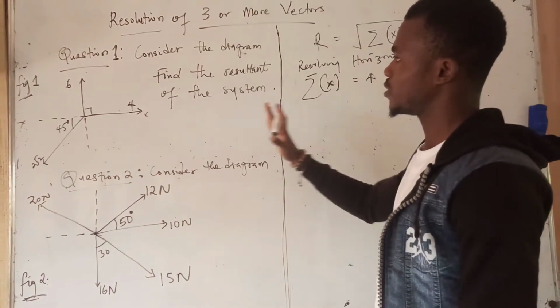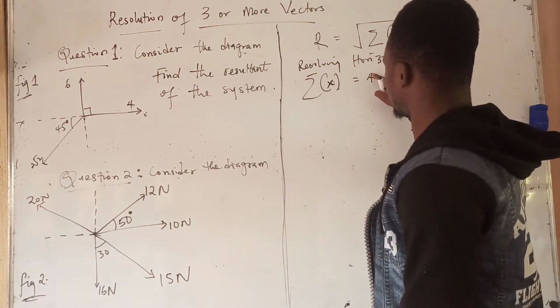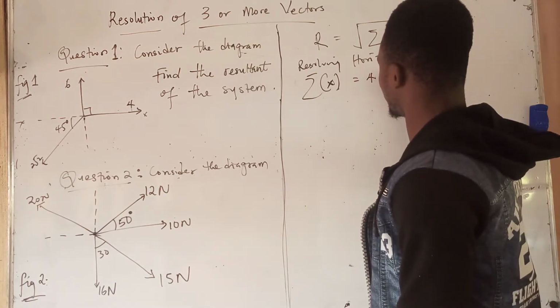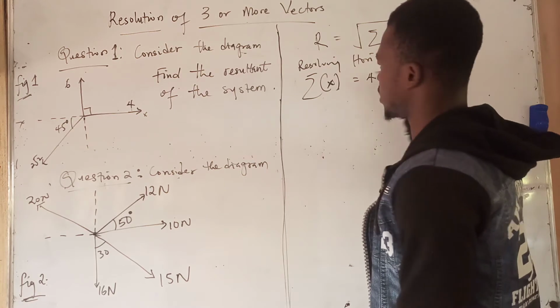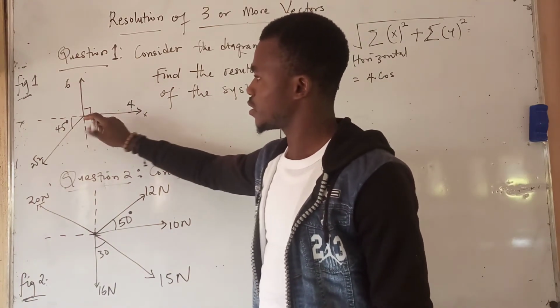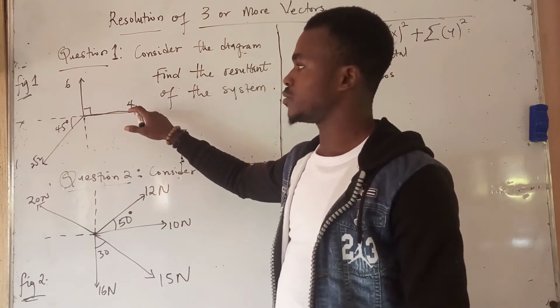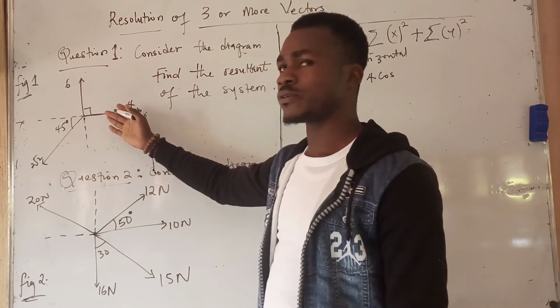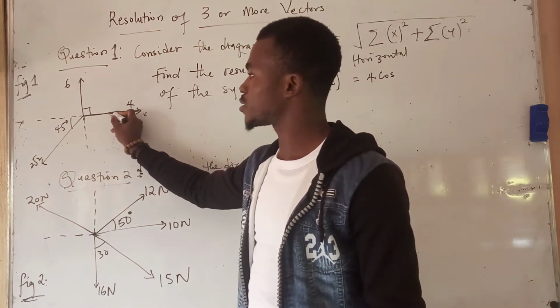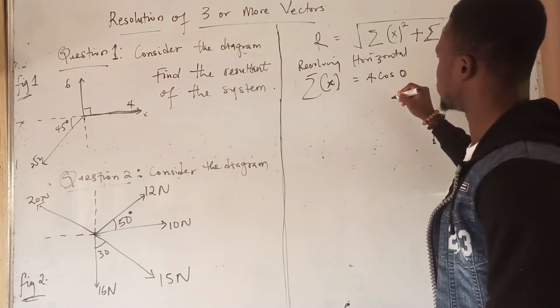And when we resolve for the horizontal, in trigonometry there will be cos, then the angle it makes with the horizontal. What's the angle it makes with the horizontal? You see that there is no angle here, just 0. It does not make any angle, it's just lying on the horizontal, so the angle here is 0.